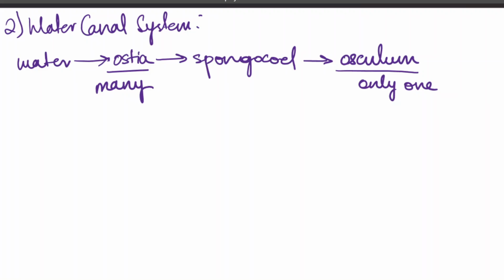Now, what are the different functions that we can see of this water canal system? Sometimes they might give a question: explain about the water canal system seen in poriferans. So that time you need to write about these. Let's look at the functions. The number one function is removal of waste products.